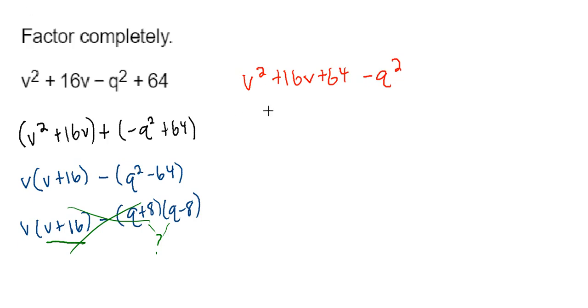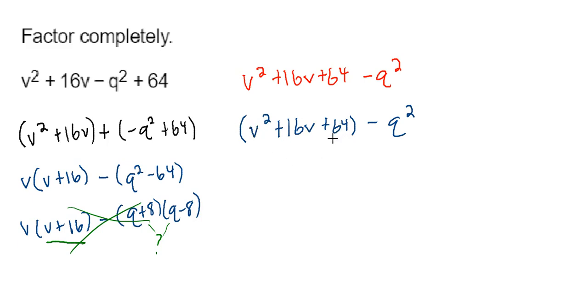And what we're going to do this time is we will group the first three terms together. So instead of grouping 2 and 2, we're going to group 3 and 1. So it's an unusual type of grouping, but it works out in this case, surprisingly. You'll factor the first group. Now this time we won't just factor out a common factor.